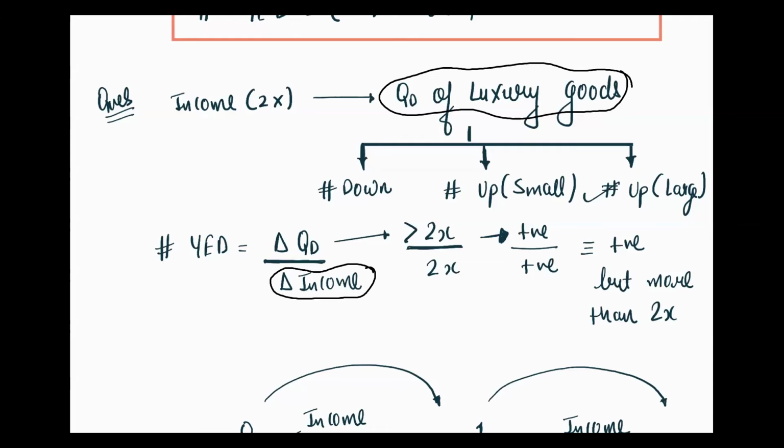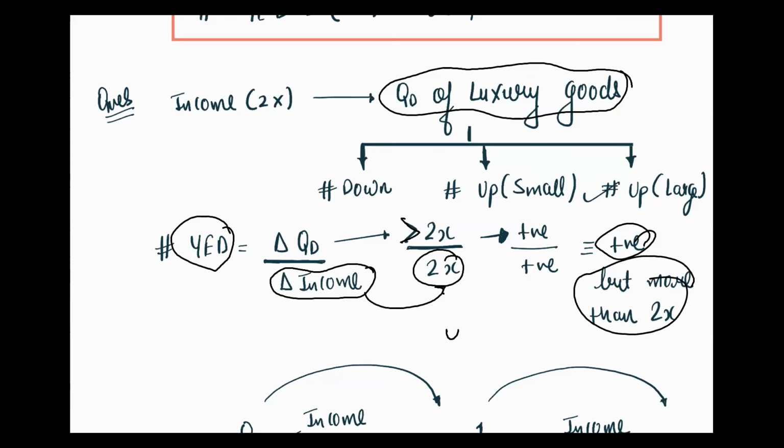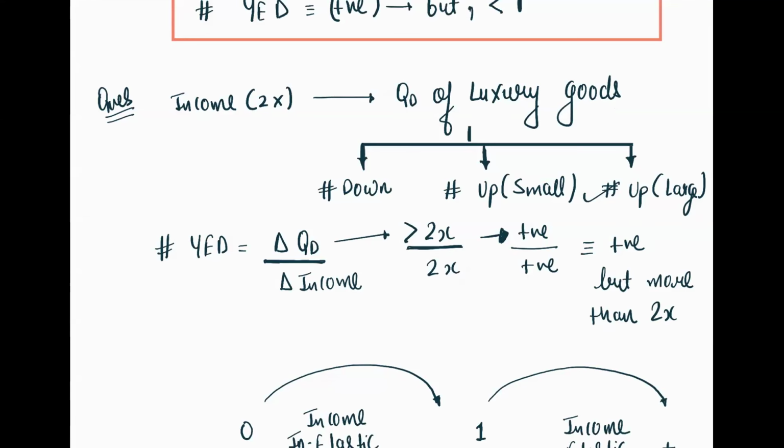Even if your income has increased 2x, maybe by using a credit card you will demand more luxury items, because subconsciously you have the feeling that my income has increased so I have to buy. So the income elasticity of demand for luxury goods is also positive but greater than 1. YED is greater than 1 for luxury goods. I hope it is clear now.